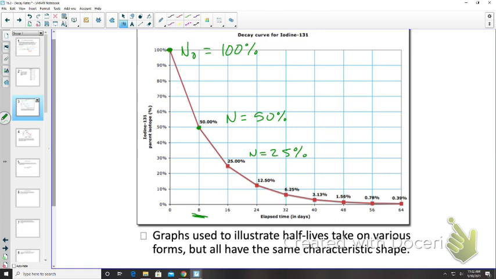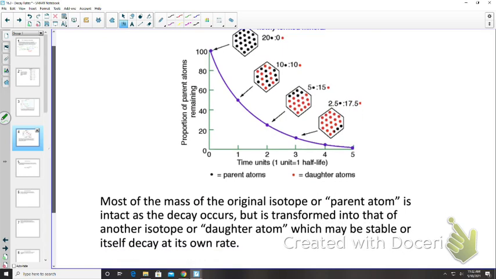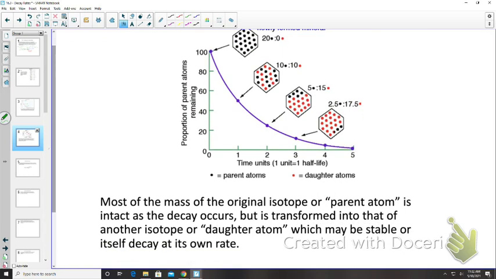Half-life graphs will take on various forms because they're going to have different durations of their half-life, but they're all going to have this same shape. Most of the mass of the original isotope or parent atom from last lesson is intact as the decay occurs.